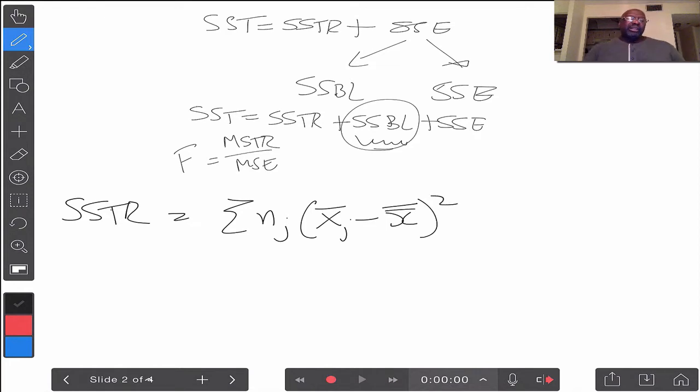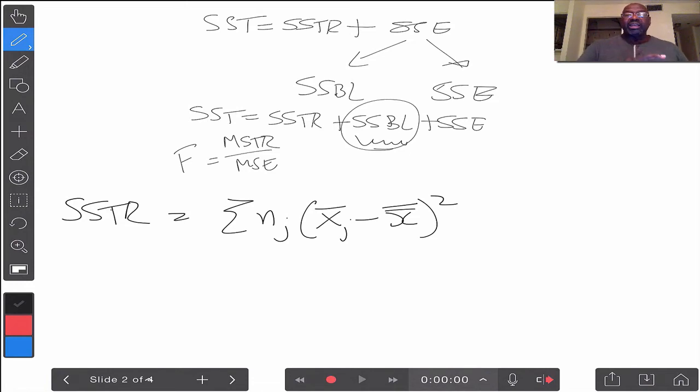Now, interestingly, NJ represents the size of sample J, or treatment J, the sample size for treatment J. But because we're using a randomized block design, each group has exactly the same size, because remember what we're doing is we're using a homogeneous sample that we're repeating an experiment with.